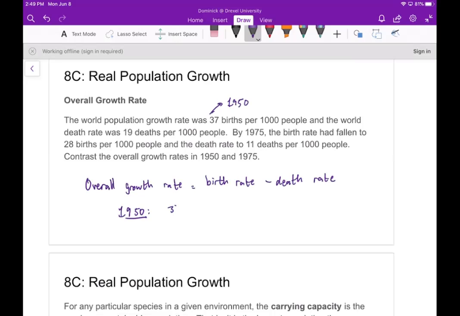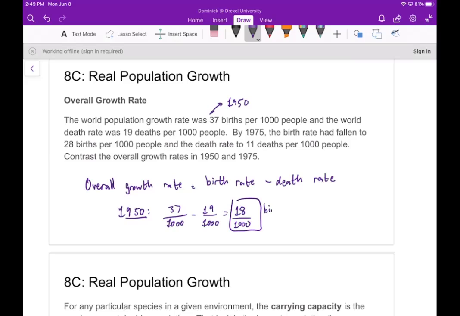So we have 37 births per 1,000 people, and we want to subtract 19 deaths per 1,000 people. And if we do that, it looks like we're going to get 18 over 1,000. So that's our overall growth rate.